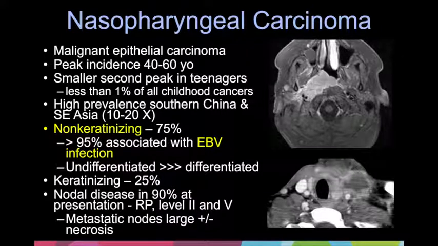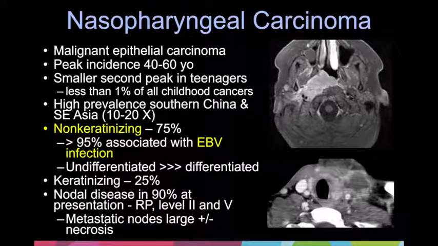Remember, this is primarily an adult disease, accounts for less than 1% of all childhood cancers. Most occur in 40 to 60-year-old patients, but there is a second peak in teenagers. The majority of lesions are non-keratinizing, and the majority of non-keratinizing lesions are associated with EBV infection.